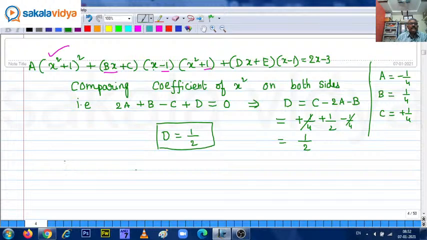Right. So next now comparing the constant term on both sides.